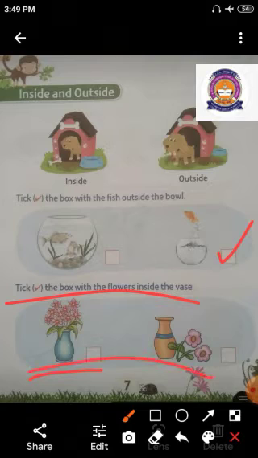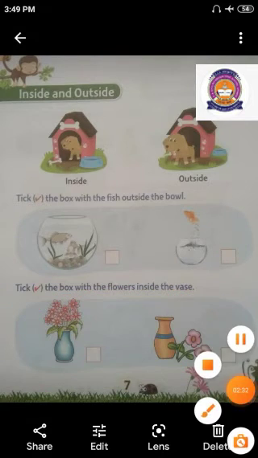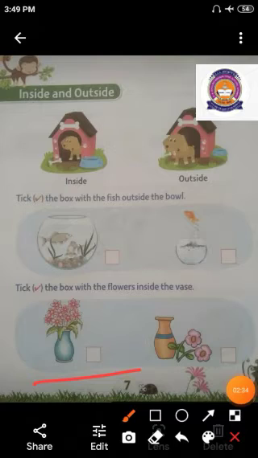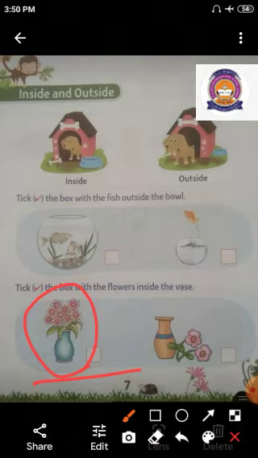According to the two pictures, what is the difference? In the first picture, the flower vase is full of flowers.